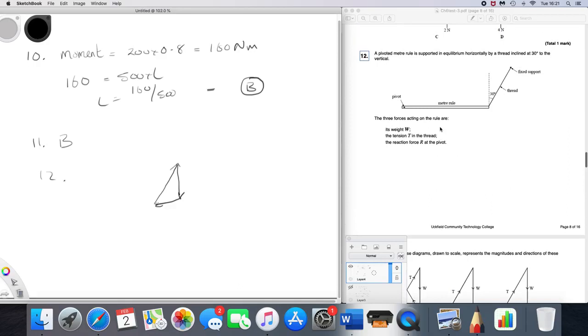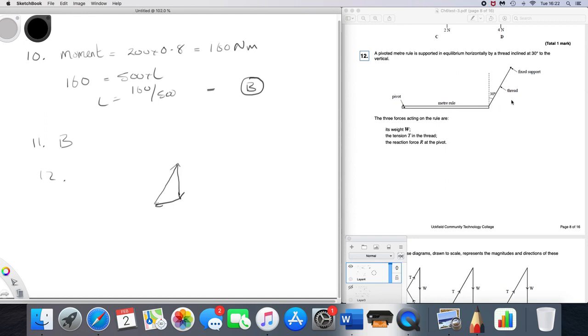Well, if you think about this, T cos 30 is going to be balancing our W potentially, right? So you would say T cos 30 times this distance equals W times this distance.